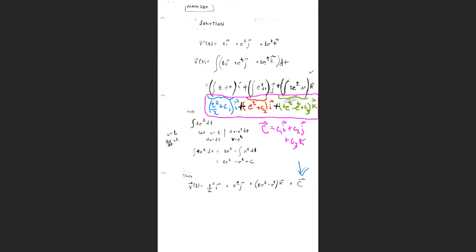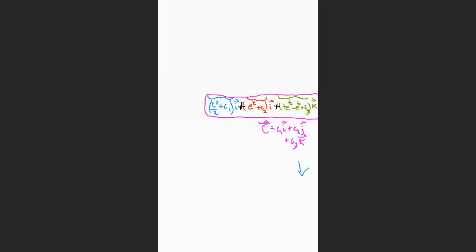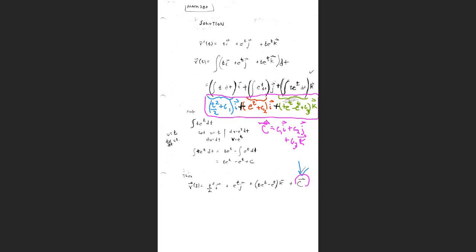Do you see that? That would be the constant vector c here. Does that make good sense to you?